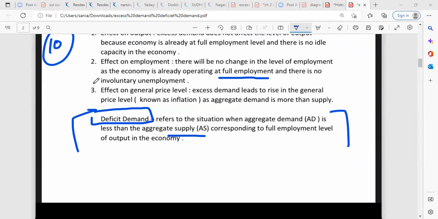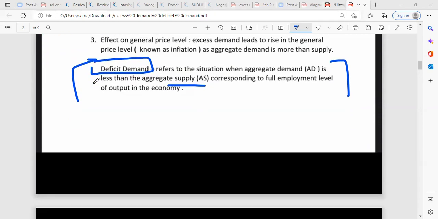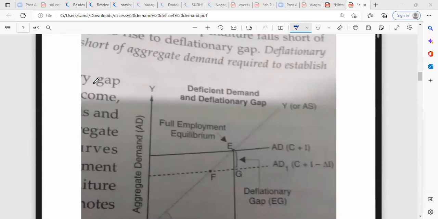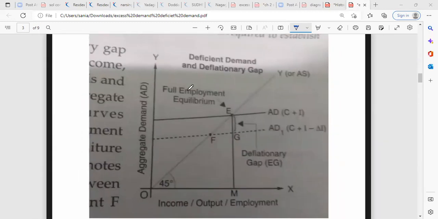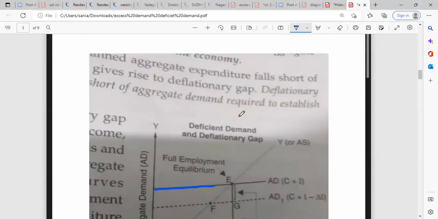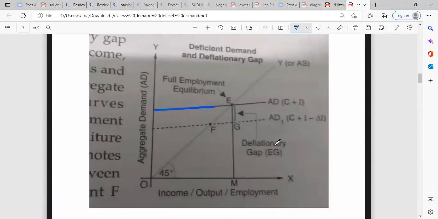Now I hope everyone is done, right? So this is the diagram for deficit demand. You can see this is your demand, right? Now this one is your deflationary gap. Because of deficit demand, usually what happens? Your deflationary gap comes. Because of excess demand, what was coming?